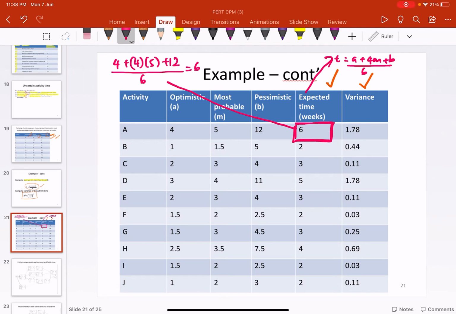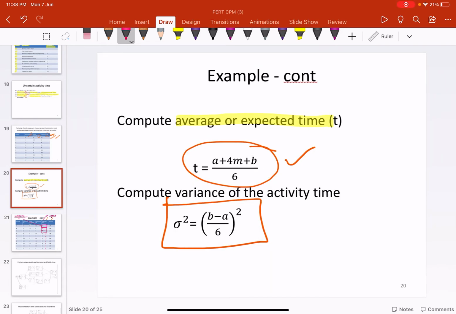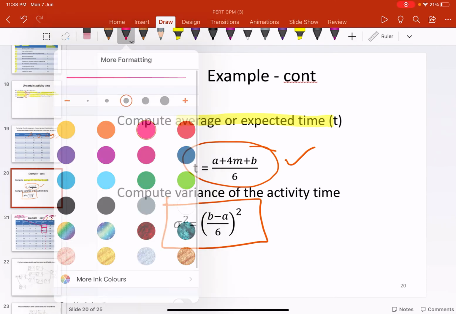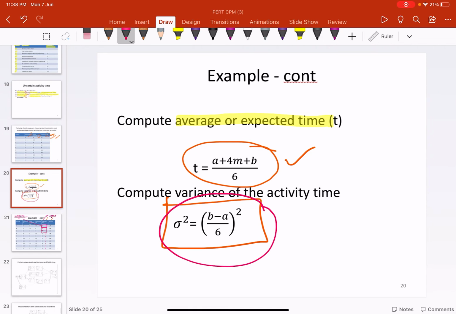Then you need to calculate all the expected time for every activity here. I hope that you can do this on your own. Alright, then for variance, you need to use this one here, B minus A divided by 6 to the power of 2.